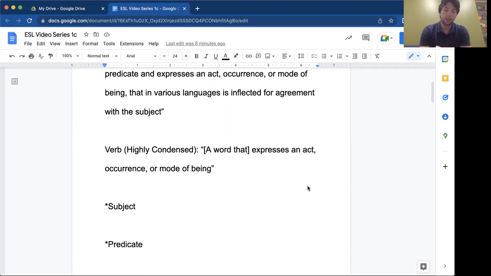And the subject also tells us what it is that we're talking about. The predicate contains the verb as its core component and adds important information about the subject. And these two aren't exact definitions, but I wanted to just summarize what the subject and predicate are.